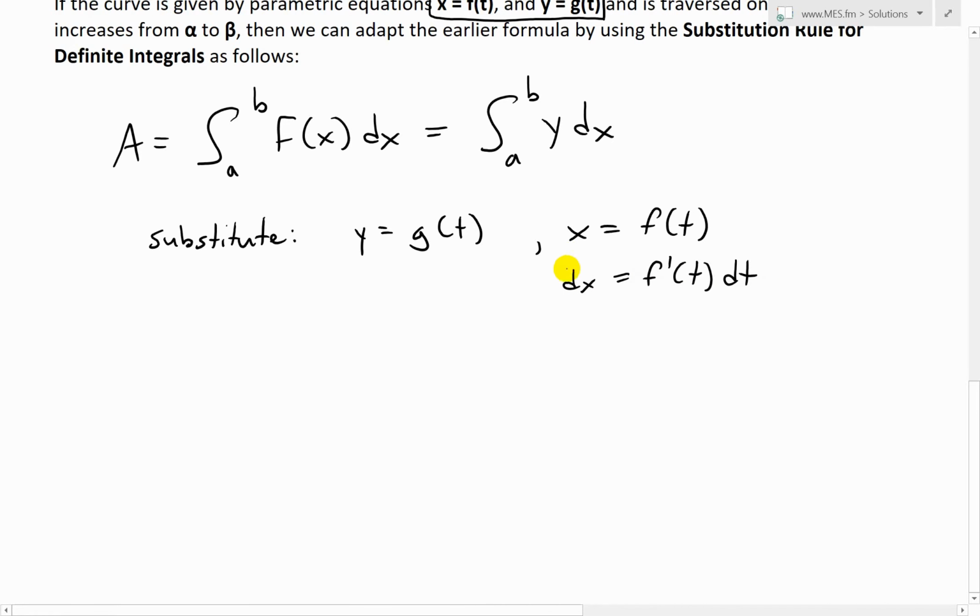Now we can replace dx with this, and then for the limits a and b, we're going to assume at x equals a we have t equal to alpha, and at x equals b we have t equal to beta.